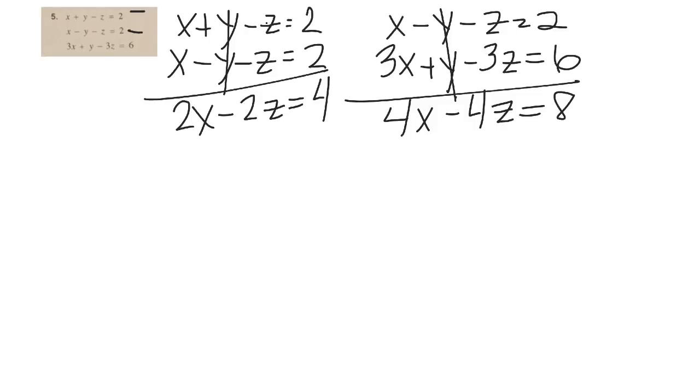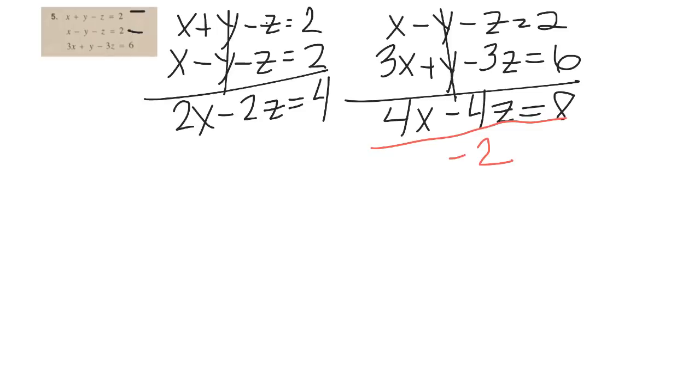One of the things you can actually do is divide an equation to make it easier as well. You don't always have to multiply. So if I wanted to, I could divide this one. This is just to show you something a little bit different. I could take this equation and divide everything by negative 2.